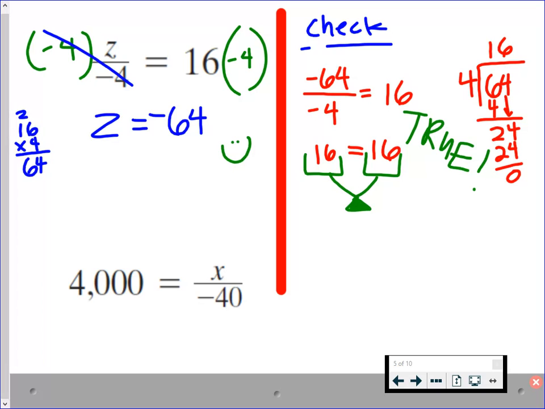I noticed I had a mistake on this one. Yours actually says -9. No big deal. X divided by -9 means I am going to multiply by -9.